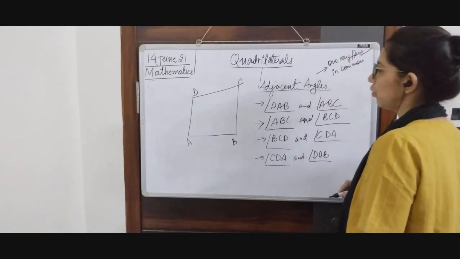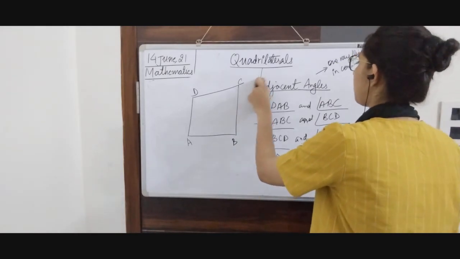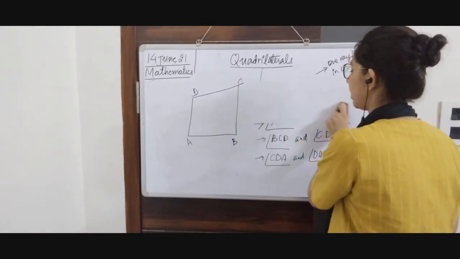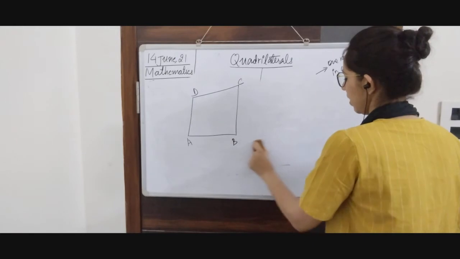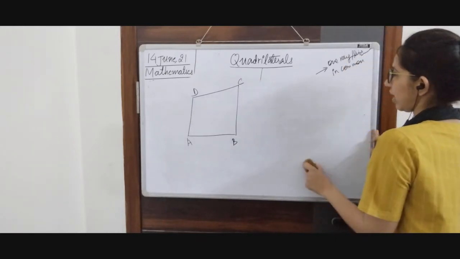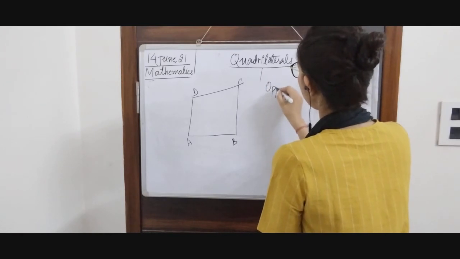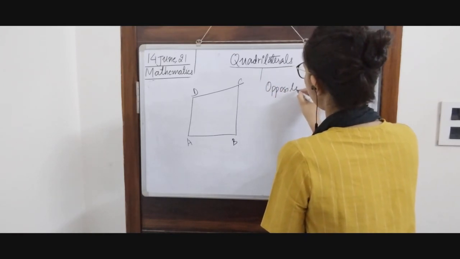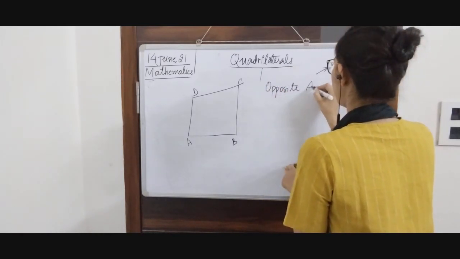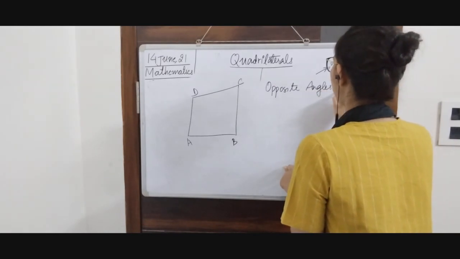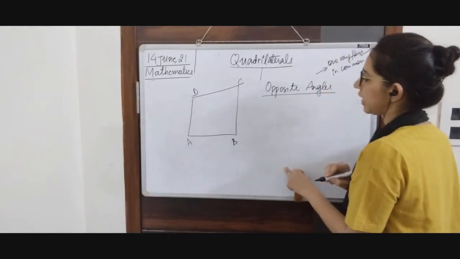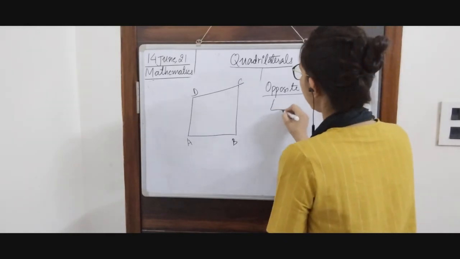Next we are going to describe opposite sides and opposite angles. We have two pairs of opposite sides and two pairs of opposite angles. First we are going to write opposite angles. Opposite angles are those angles which are not adjacent.